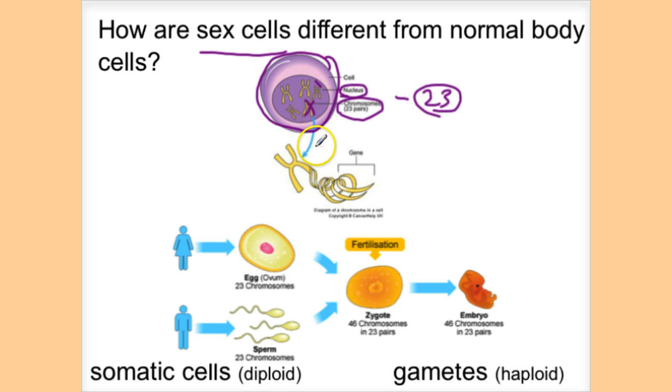And a part of a chromosome is called a gene. So all body cells have 23 pairs, and this is in humans. Different organisms have different amounts. 23 pairs or 46 chromosomes are stored inside of our nucleus.